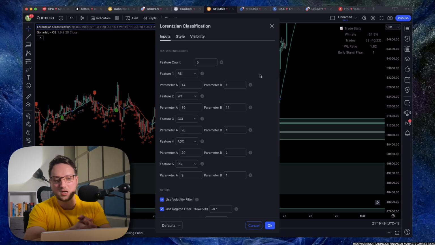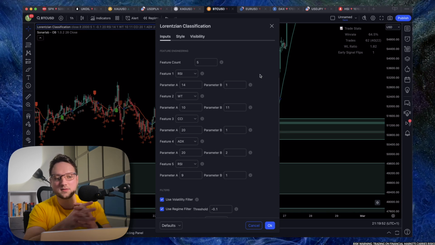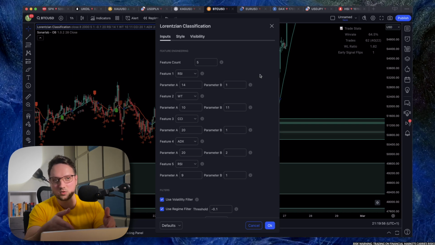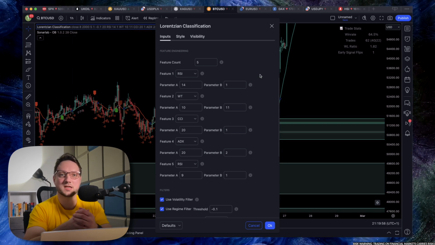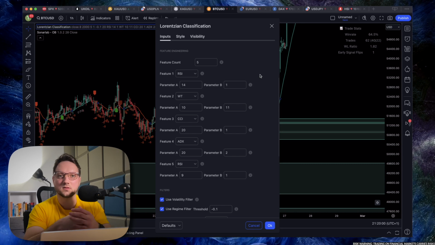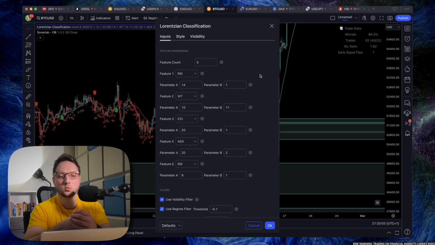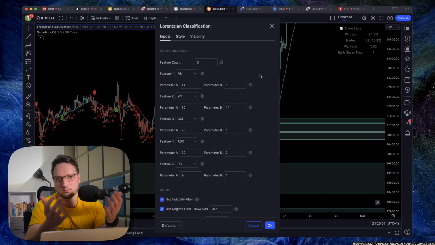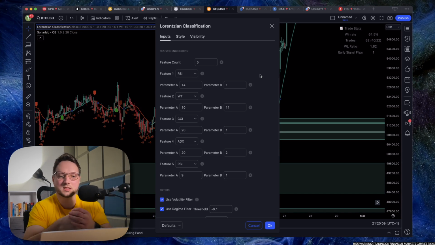I could say even better than the Lorentzian Classification indicator, but that one is more complex. Maybe I just wasn't able to tweak it to the degree that it would give me better results than the wave trend.